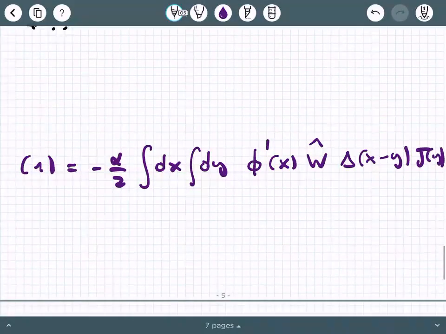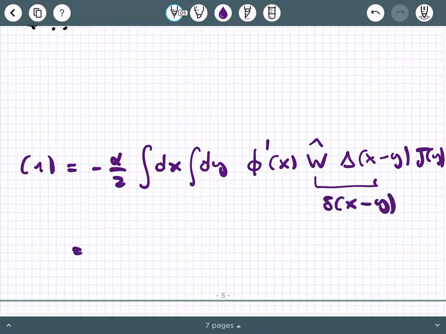Now you begin to see why I've done the shifting that I've done, because what is this? Who tells me what happens when I evaluate this? It's a delta function.